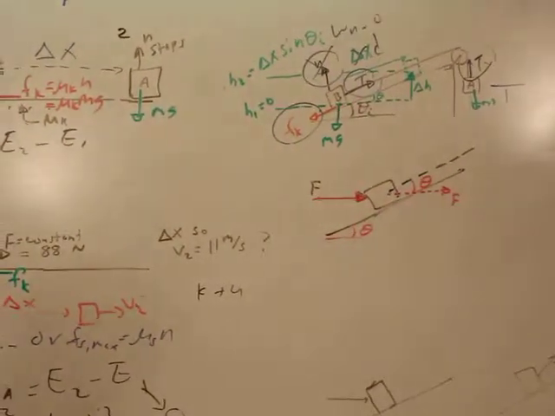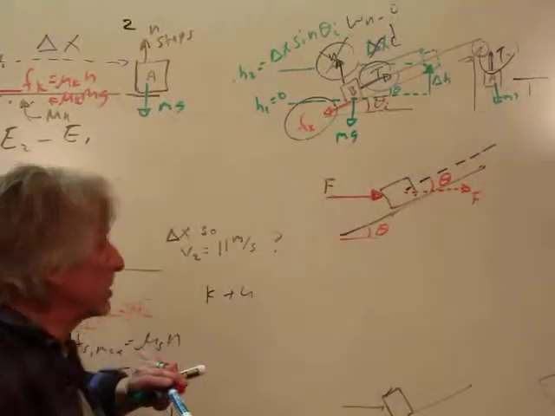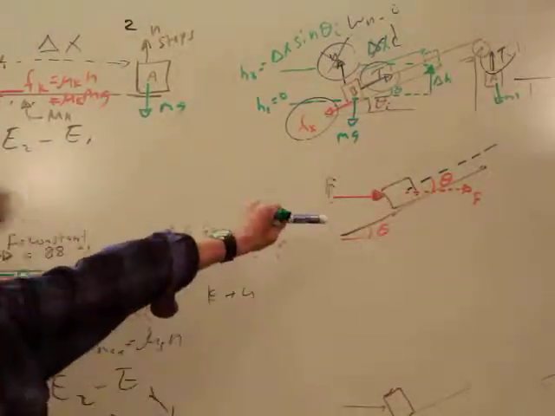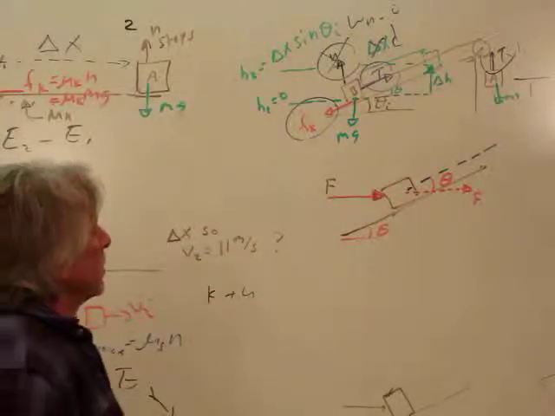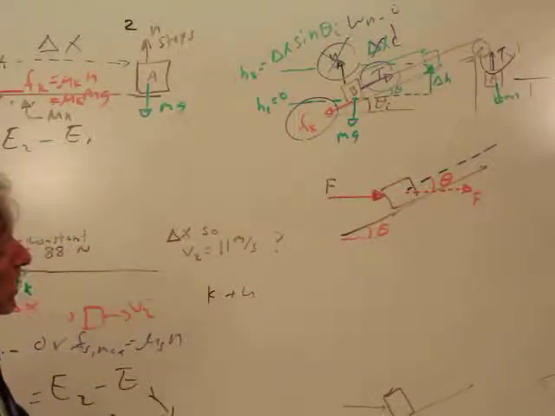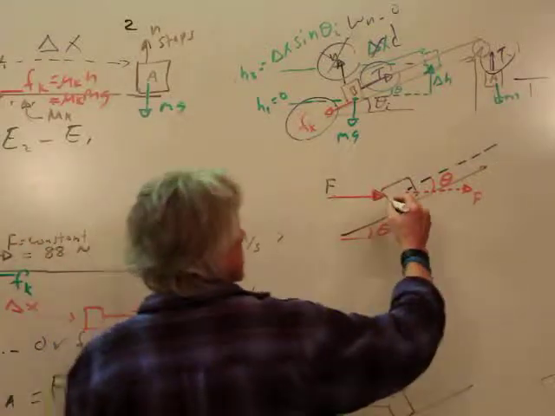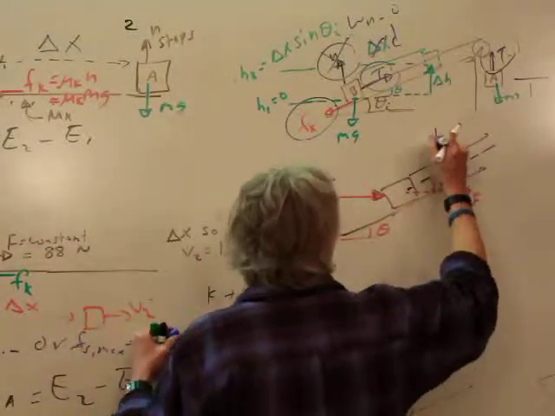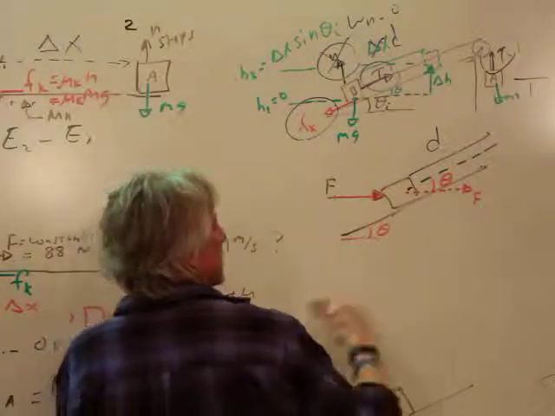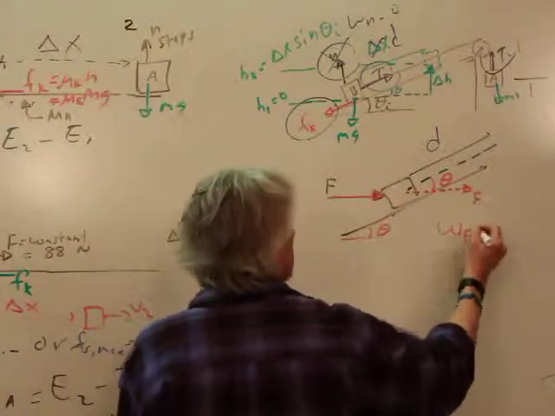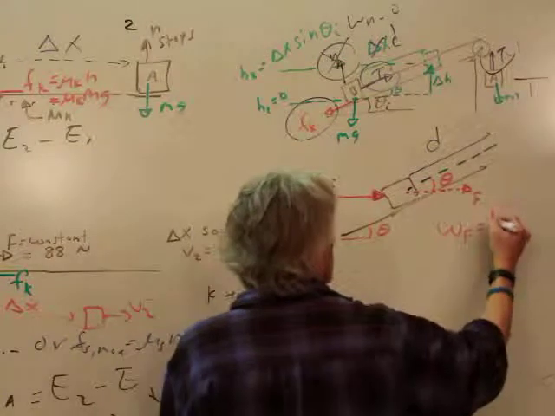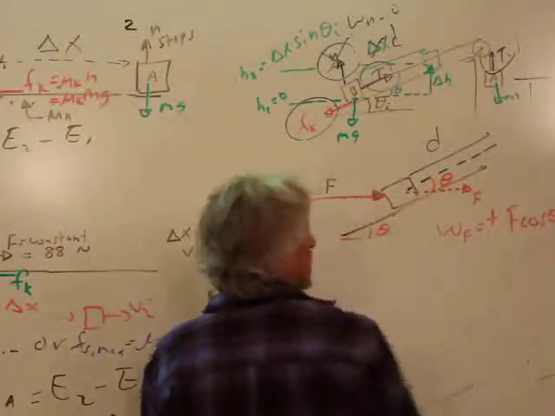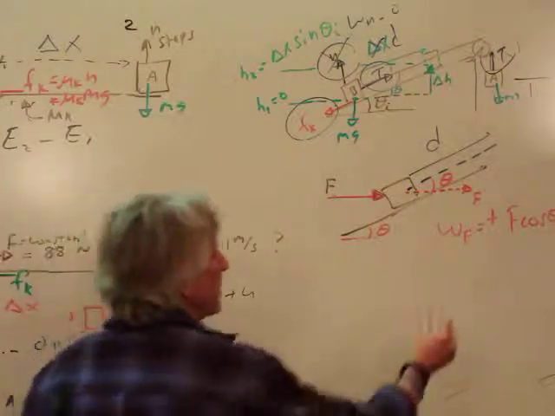You see the geometry, it is, in this case, but not always. So be careful, you can have different angles. You just see it, the problem will tell you. So how much is that work going to be? Well, if I go up D here, then the work due to F is with the motion, positive, but only part of it, F cos theta D. And that's by definition, right?